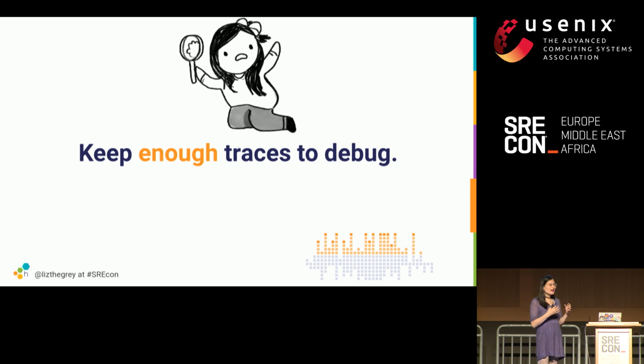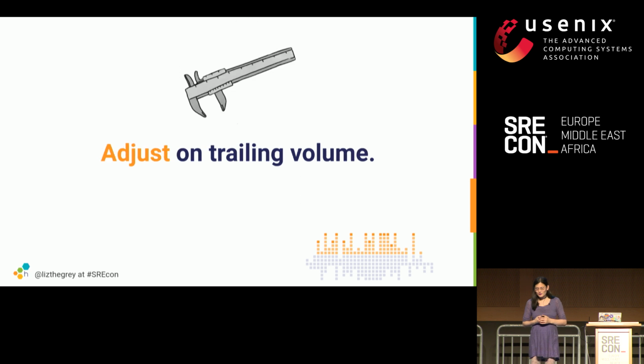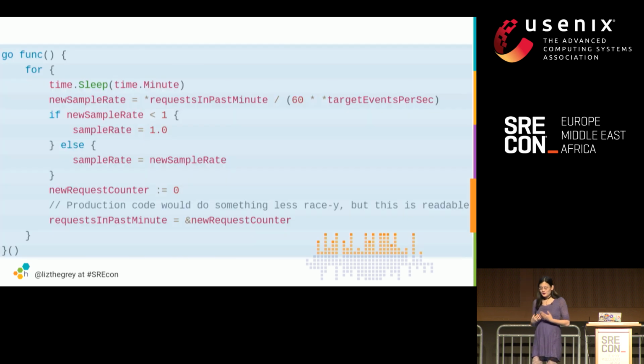We need enough representative traces of our system to be able to understand what's going on. But that doesn't mean that if I have a spike of 2x, I also need to scale up the number of traces I'm collecting by 2x. What I can do instead is keep track of the volume that I received in the trailing minute, and then adjust my sample rate going forward for the next minute. So basically, this is what that might look like, right?